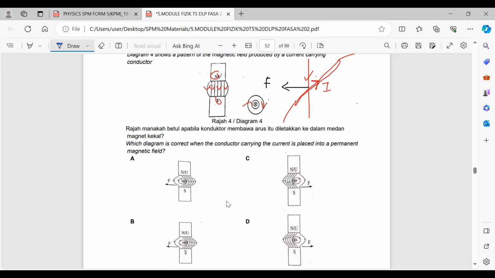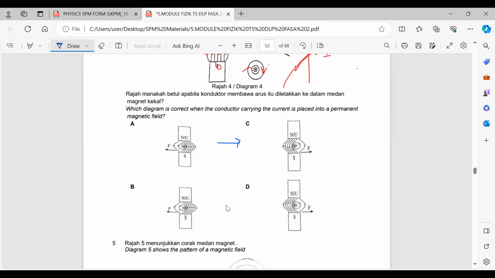I don't know why they give you this diagram above, and then in the question it is a dot, not a cross. So the force has to be to the right. I see which one is to the right, so obviously A and B are out. Since it is to the right, I'm expecting the magnetic field from up acting down, north, south.